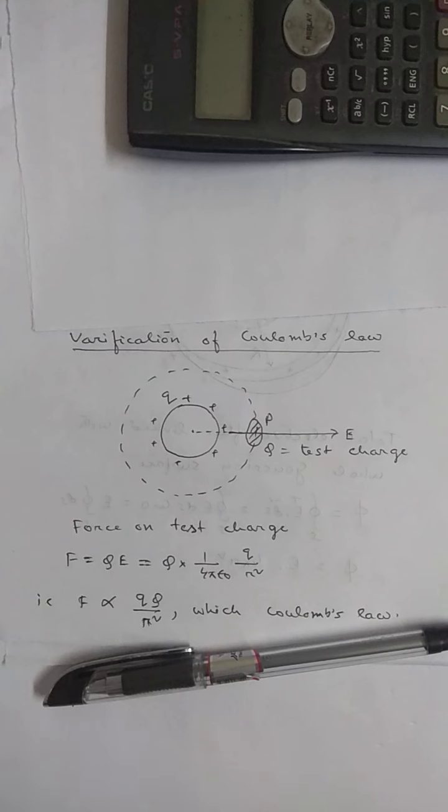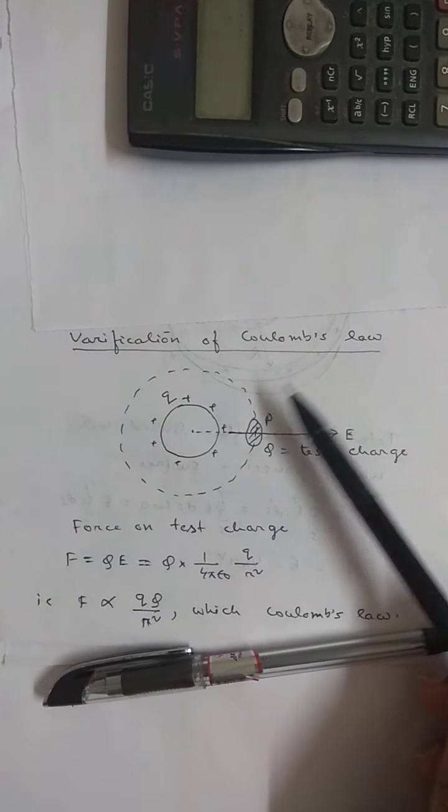What is the previous application? Find electric field intensity at an external point of a hollow charged spherical body. And in the question paper, another question comes, and hence verify the Coulomb's law.